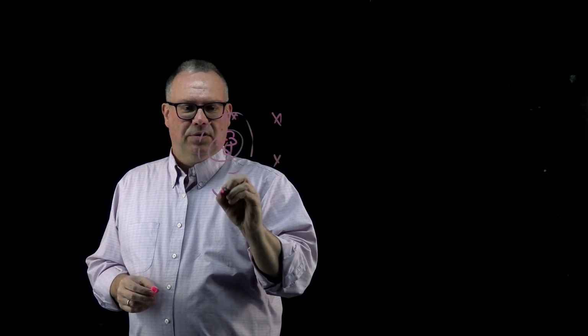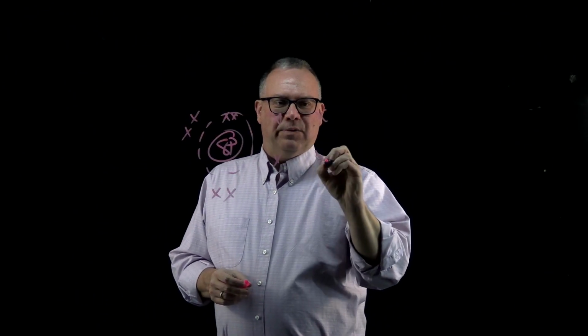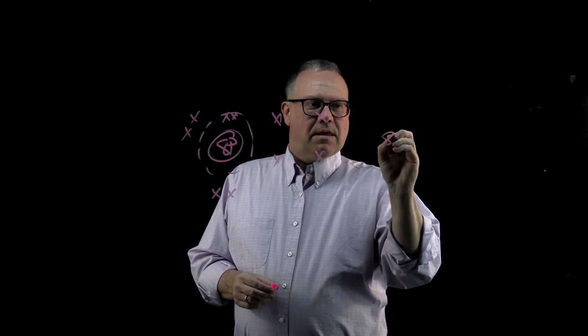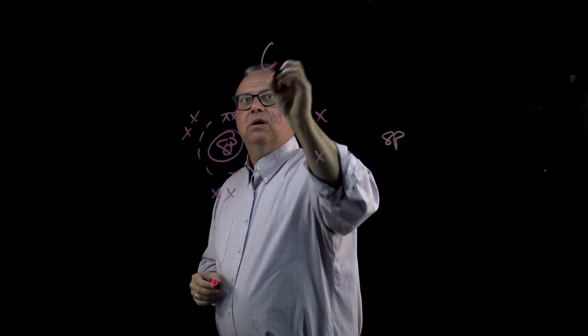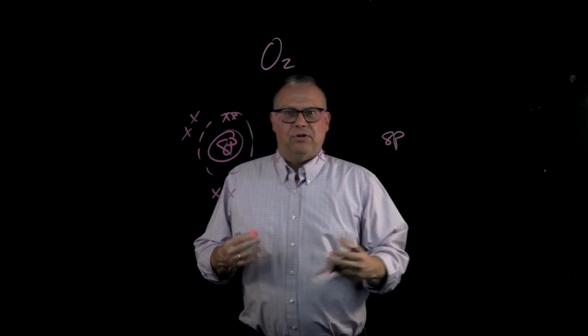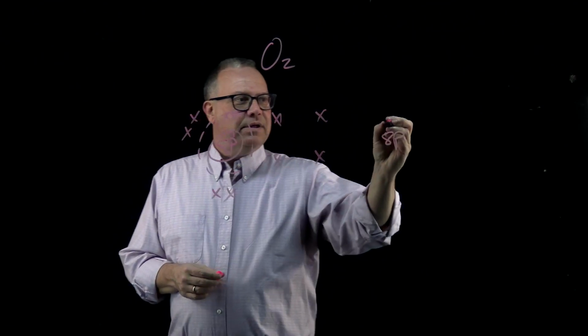And so if I can draw one, here's using our conventional way that we draw things: 8 protons in the nucleus. Here's the 2 inner shell, and we have 1, 2, 3, 4, 5, 6 left over. And we just draw another one because we're going to make O2, molecular oxygen that's bonded to itself.